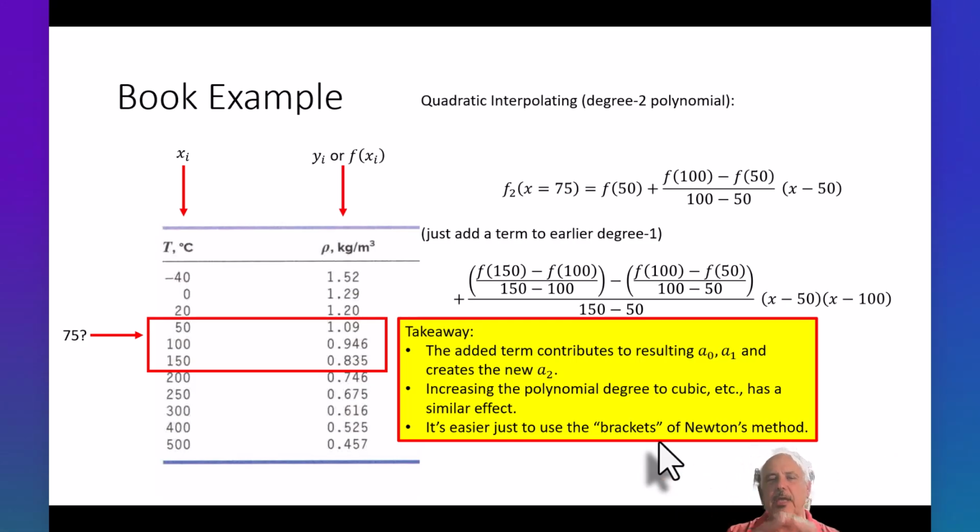Every time we add a term, it's going to add a new degree for our x, and it's also going to add a new coefficient for that polynomial. The same thing's going to happen for the cubic, and it's really just easier to handle this by using the brackets of the Newton's method, like I'm going to show you now.